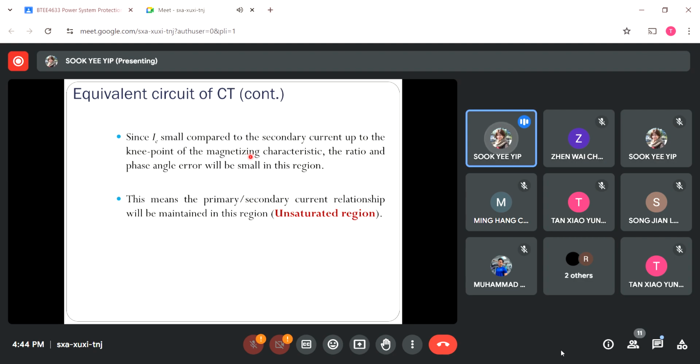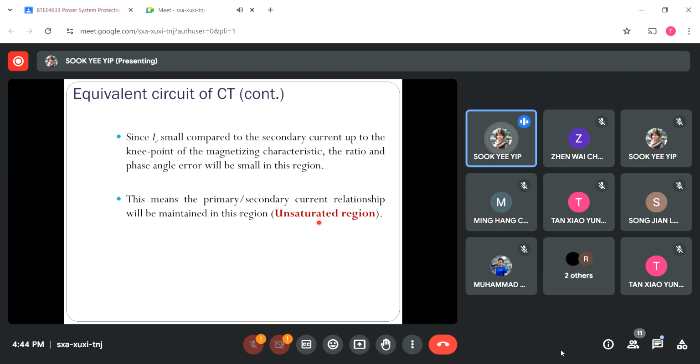Under this situation, if we have a linear response of the current transformer, the ratio and phase angle errors will be very small, which indicates that we are able to maintain the primary and secondary current relationship. In other words, I can get the correct reading if the current transformer operates in the unsaturated region, so the current transformer core doesn't go into saturation mode.